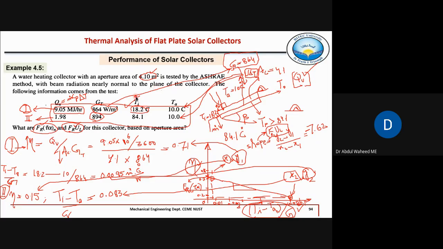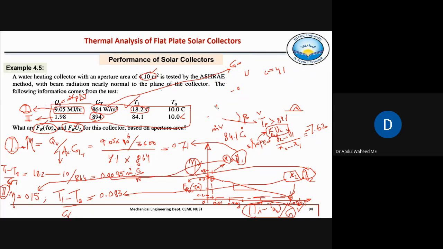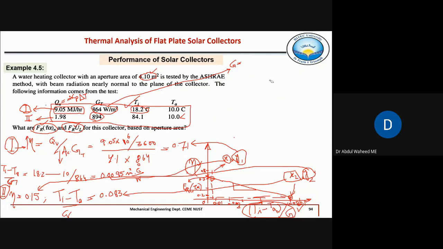So what is the equation of a straight line? Let me erase some. Okay, so the equation of a straight line is y is equal to mx plus c.